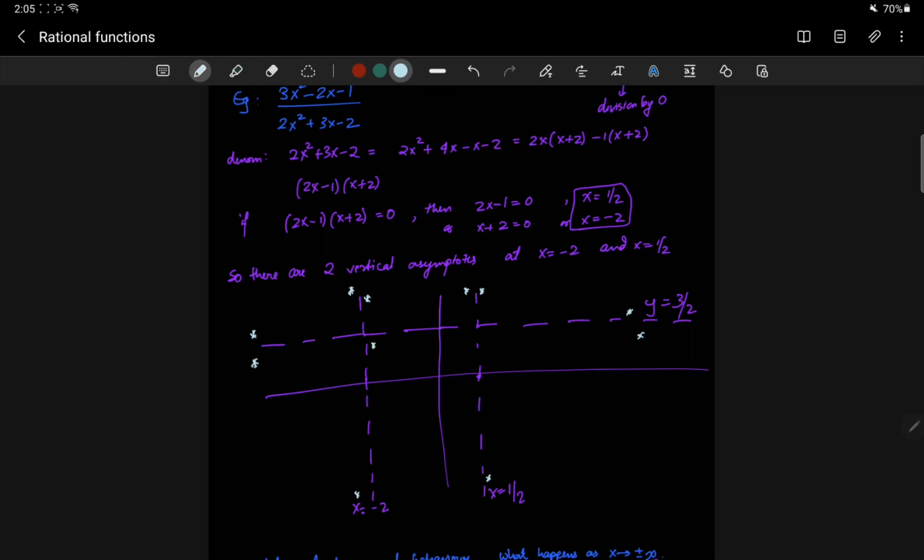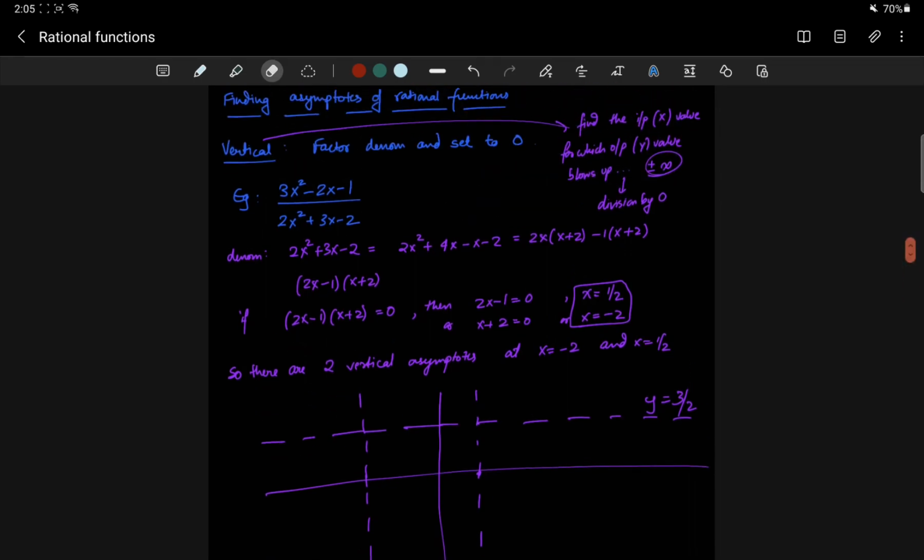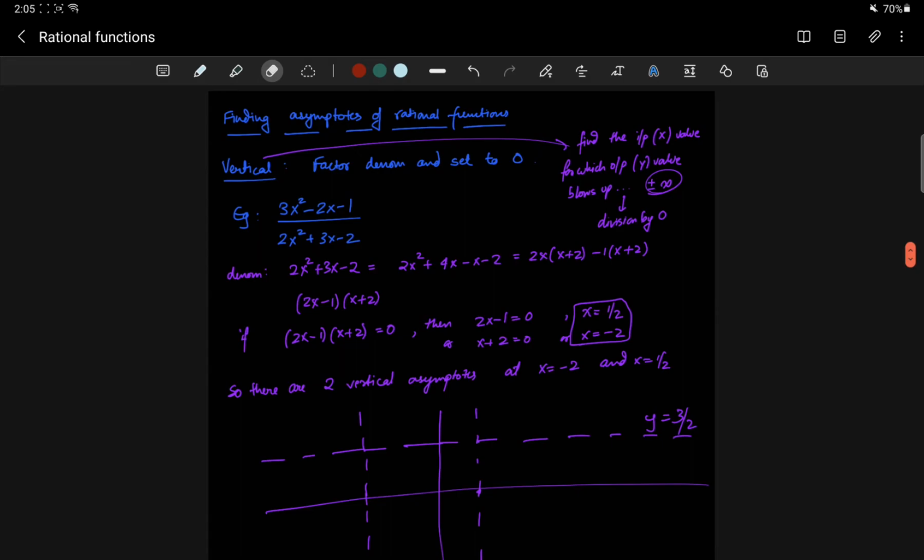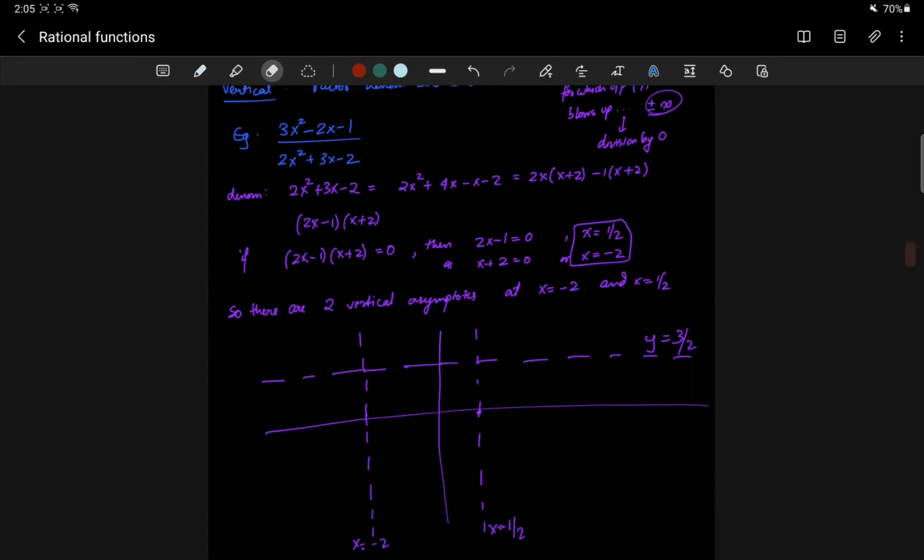There's a bunch of possibilities, and we have to check which of these can be eliminated before we make certain claims about what is going on. That is something we are going to learn in later videos. The point in this video is to understand how to find the horizontal and vertical asymptote.